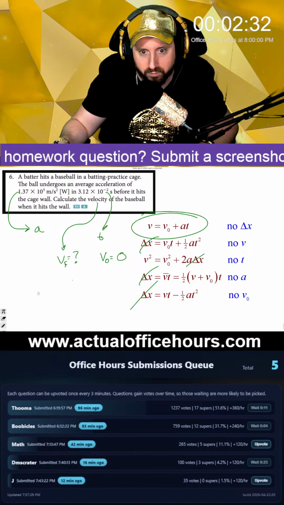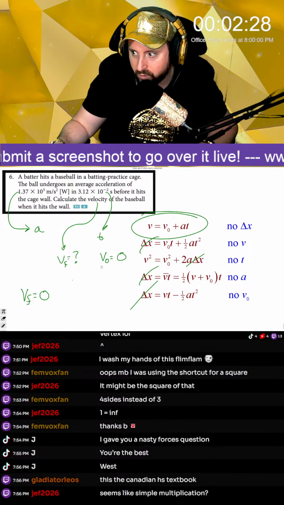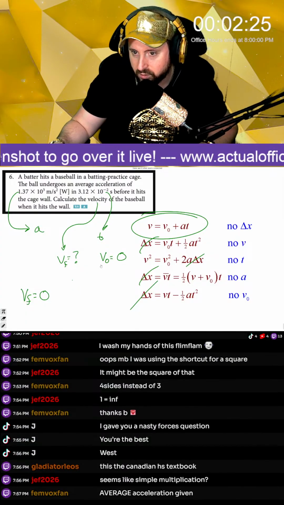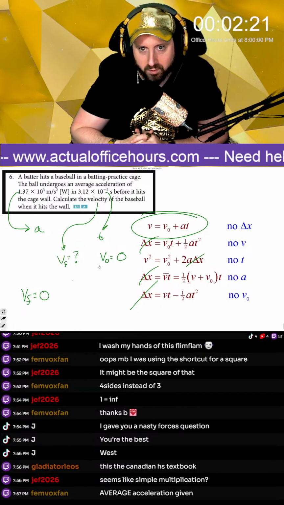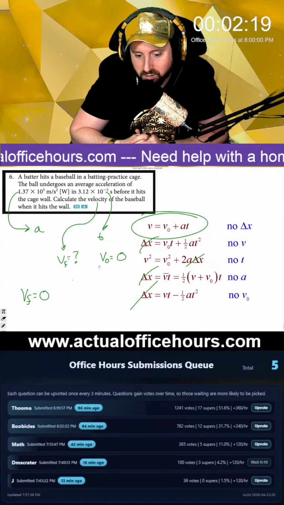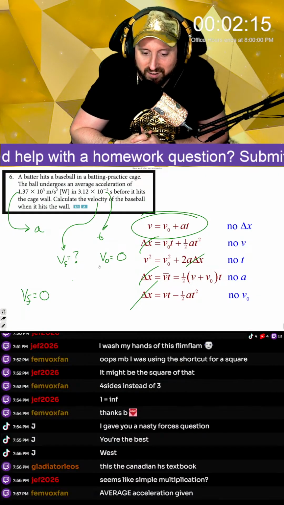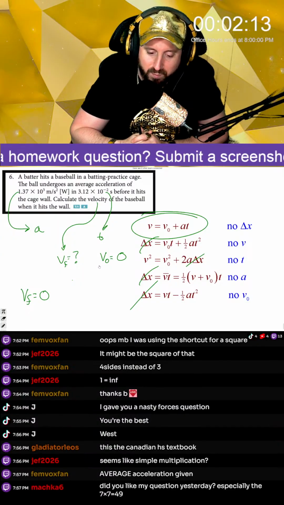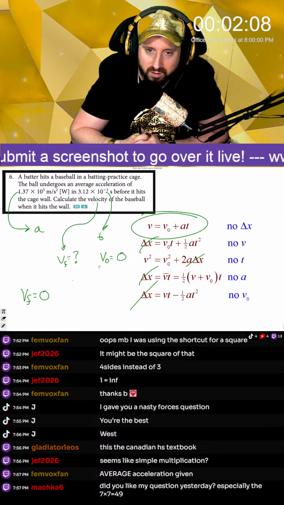So this is V final. So I'll say, cool, V final is equal to 0. I'm gonna assume average acceleration. Yeah, I think we can use the average though, no? Or could do a collision. But then we don't know if it's being thrown or if it's stationary when we hit it.